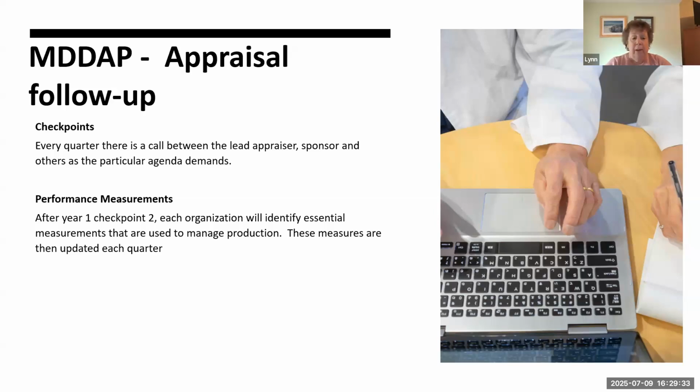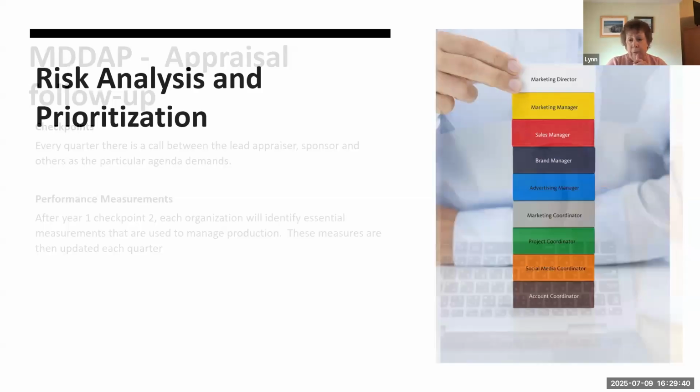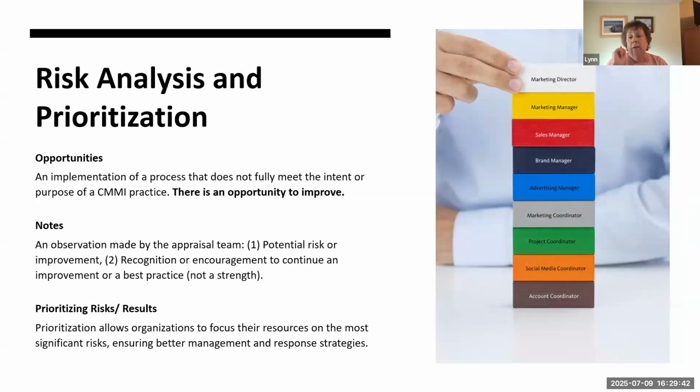So we talked about those results. So what are in those results? Well, there are 3 flavors in those results. There are opportunities, okay? And that's when a practice within the model isn't met. And we have a heat map that we use, just like you see in other appraisals.